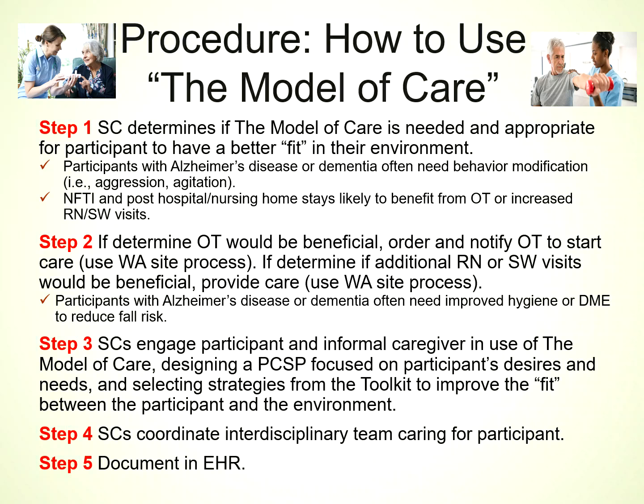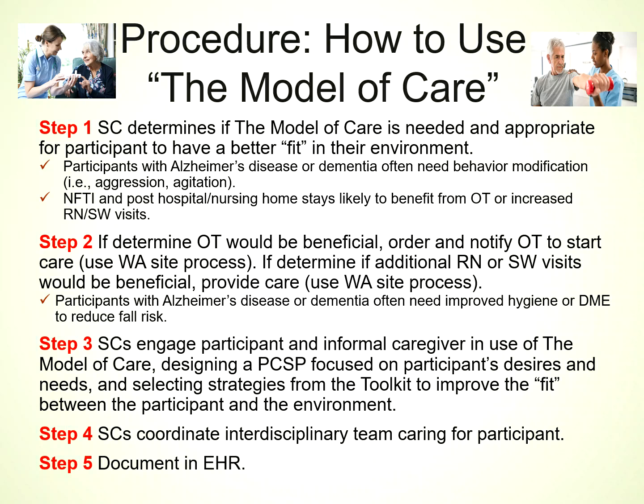Participants with Alzheimer's disease or dementia often need behavior modification, specifically aggression and agitation management. And those post-hospital and nursing home stays are likely to benefit from OT or increased RN and social work visits. Step 2.